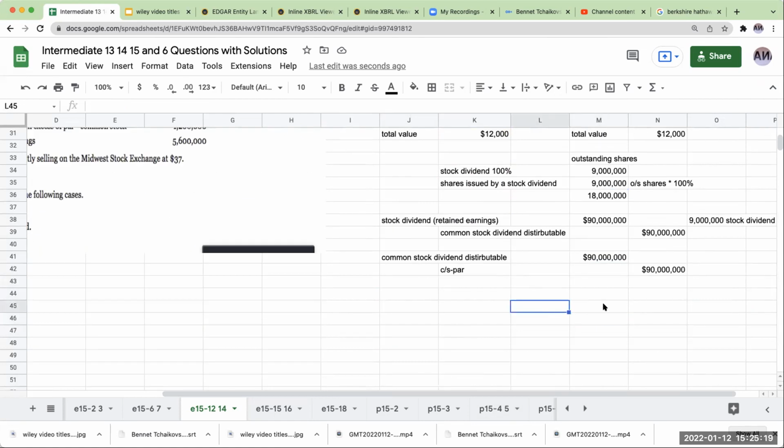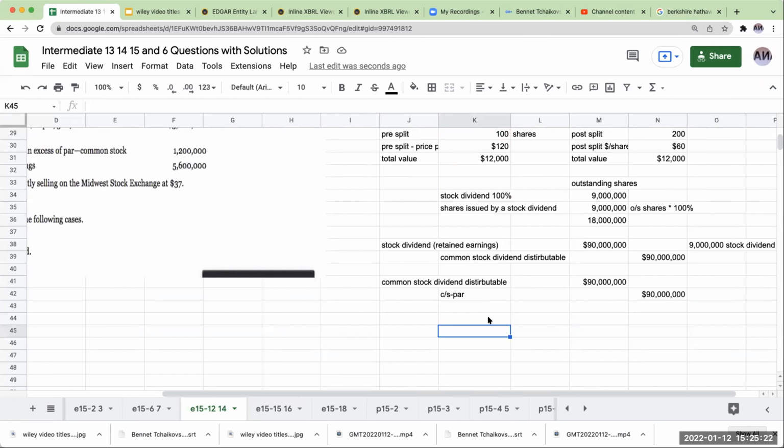Now, a more realistic one would be, let's assume part B, but the par value of the stock is, we'll say, 0.001 or 0.0001.